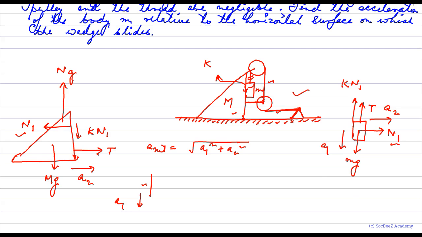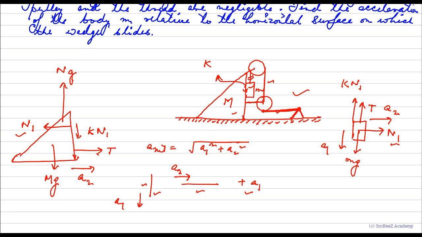This end of this segment of the string is shortening with an acceleration of a2, so this segment has a tendency to shorten. If I write down the constraint equation, I'll write plus a1, because this segment has a tendency to stretch with an acceleration of a1.